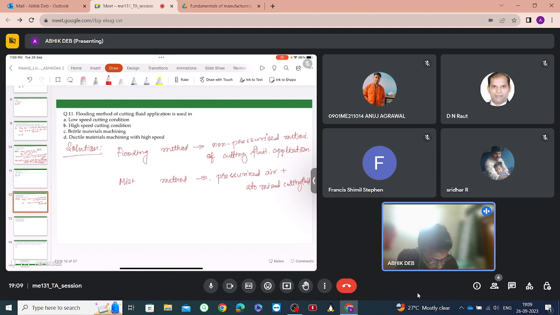Now, when there is an interaction of the tool and the chip in this direction and with the workpiece here, if it is moving at a high speed, then the ease with which the cutting fluid can reach these spaces, is it difficult or easier if the cutting speed is high?